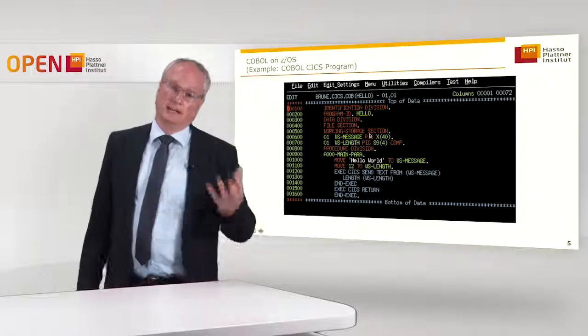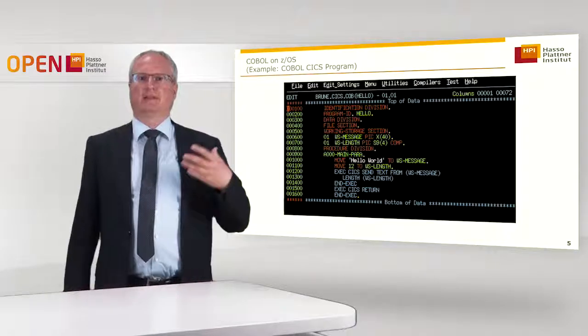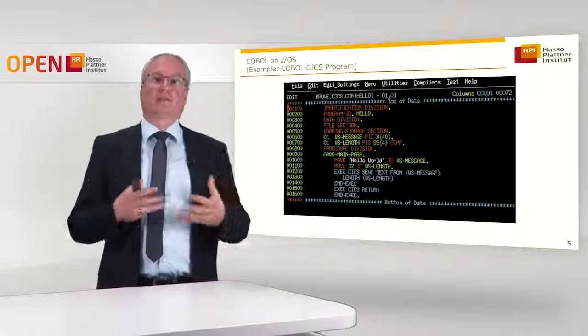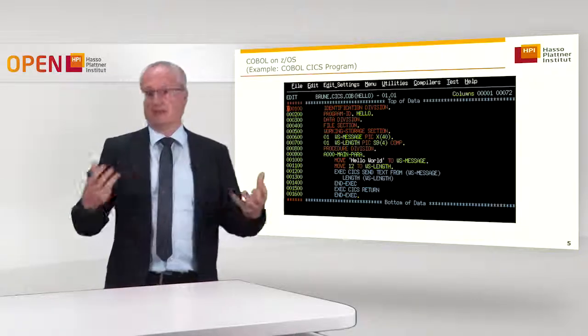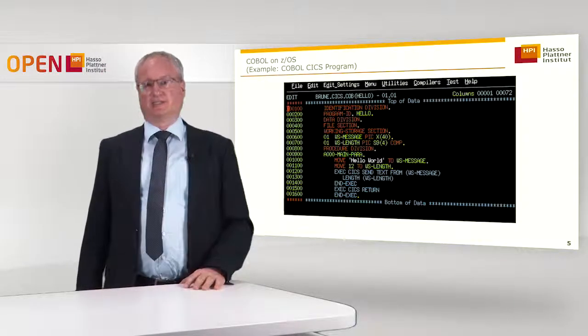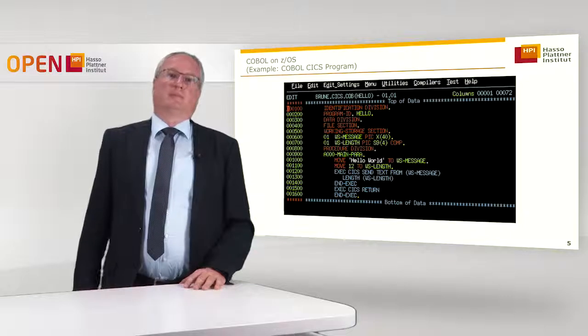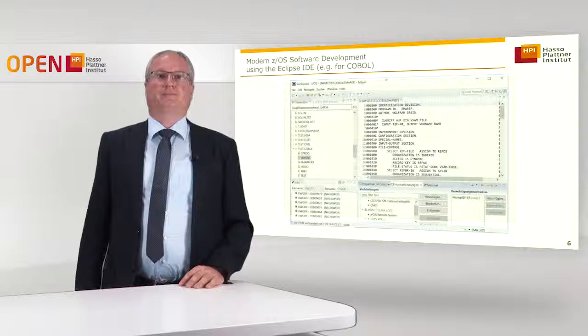The idea of COBOL was to create a programming language which resembles the natural English language. So people who are not IT experts should be able to read the program. So it's sort of like a natural text. And we will have a deeper look at COBOL also in this chapter.